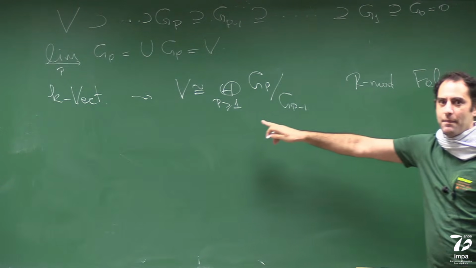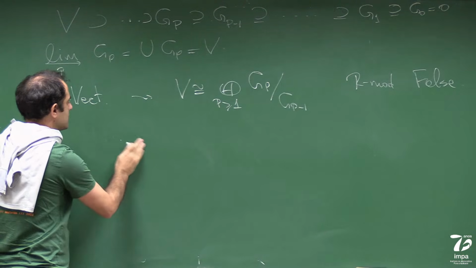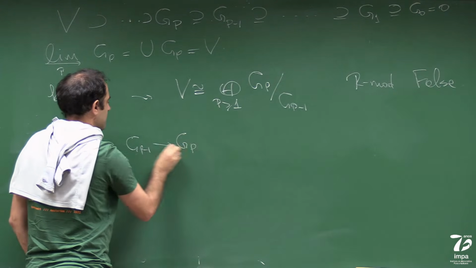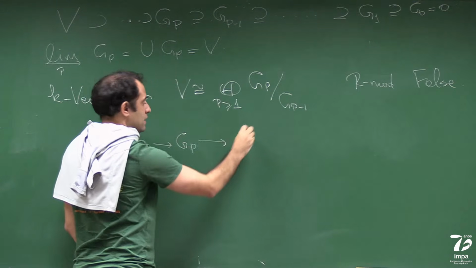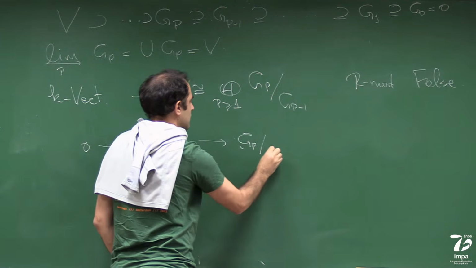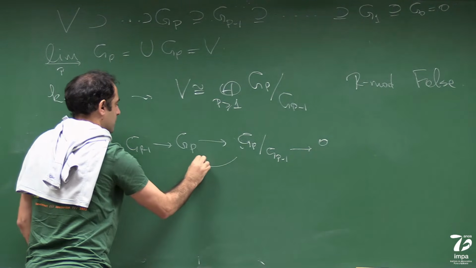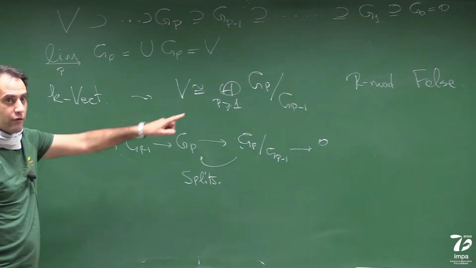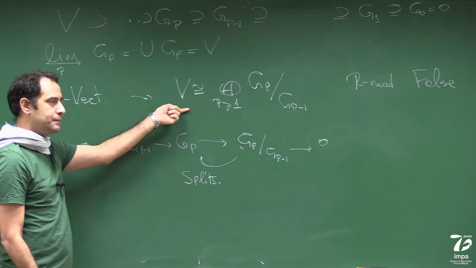And the reason this happens is that on vector spaces, the sequence from G_{p-1}, which is inside of G_p, which surjects into this graded component, well, into that quotient G_p divided by G_{p-1}, splits. And it doesn't in that category of R modules. So you use that to construct this isomorphism.